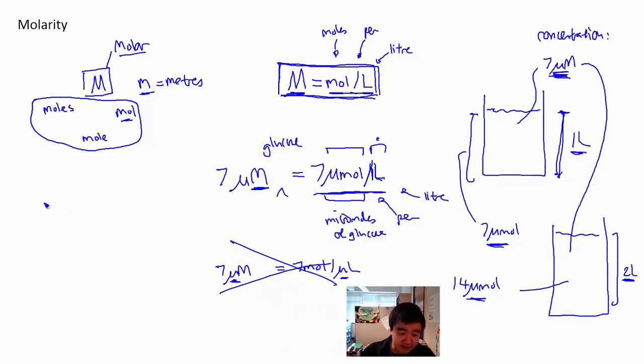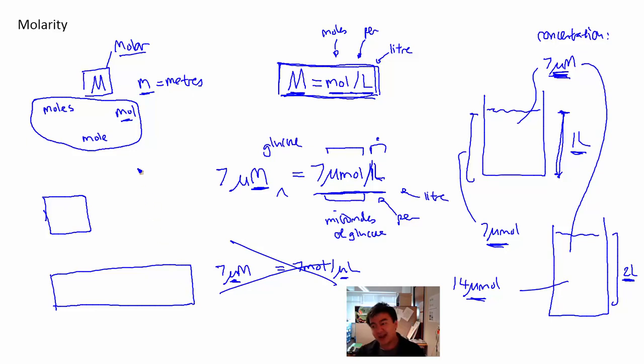It's just like saying if we have two paddocks, so this is one paddock and this is a different paddock over here. And the farmer says to you, well, I have 4 sheep per hectare. So the concentration of sheep is 4 sheep per hectare, per one invisible one hectare.